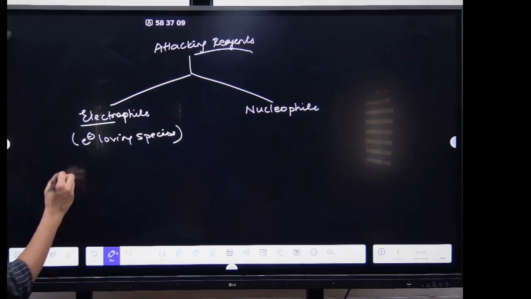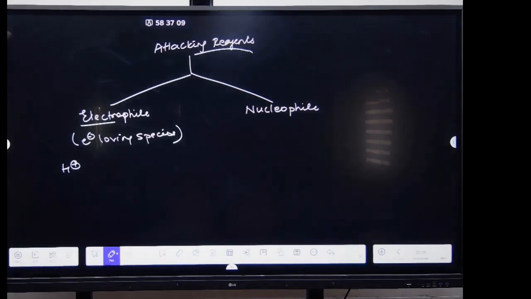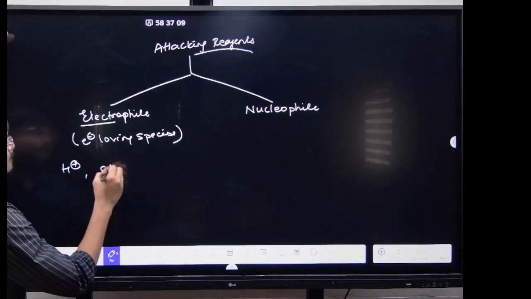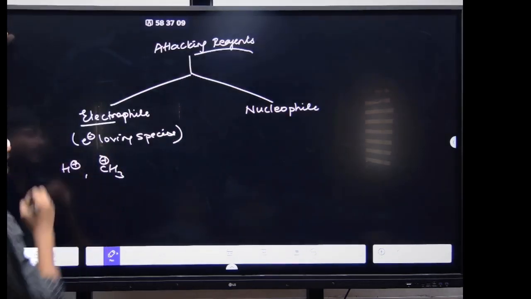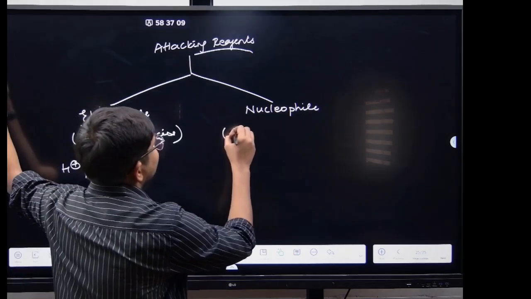For example, you have H plus. H plus has a scarcity of electrons, so it will attract the electrons towards it. That is why it is an electron loving species. Similarly, you have CH3 plus, this is also an electrophile. Now nucleophile will be a nucleus loving species.